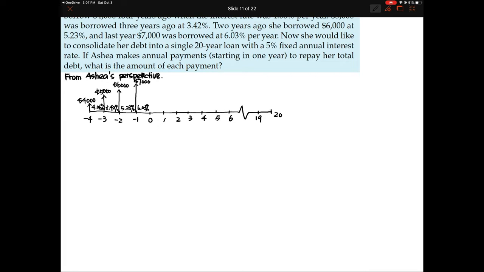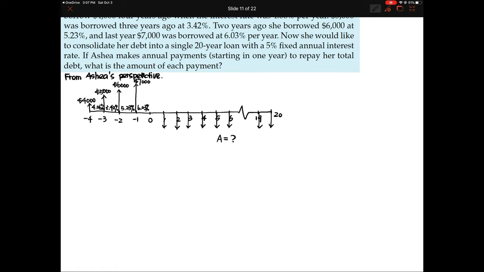That's the spending, so the arrows go downward with the same amount. We don't know how much it is, so we just draw them the same and A is unknown. So that's the cash flow for this problem.